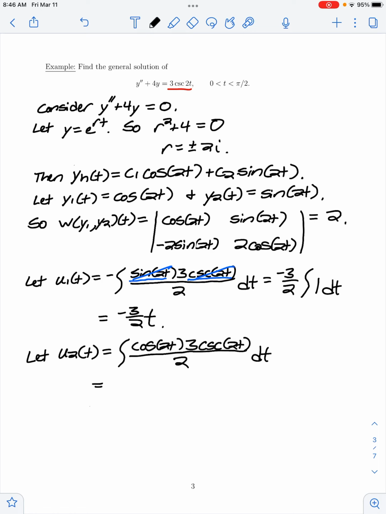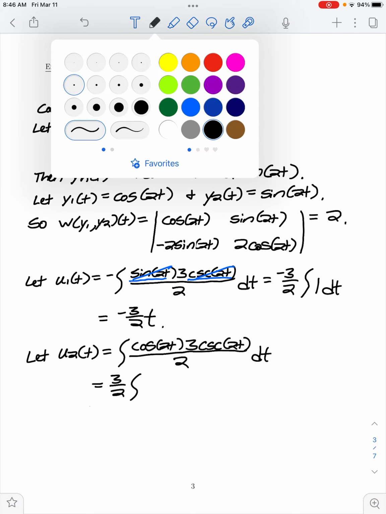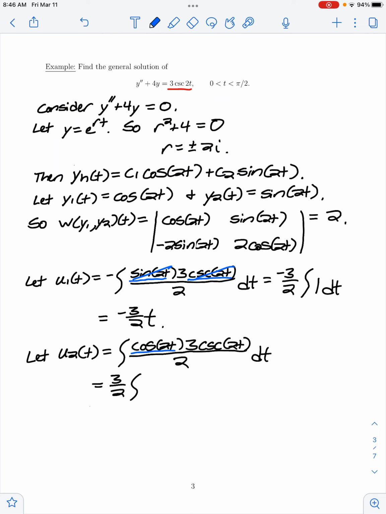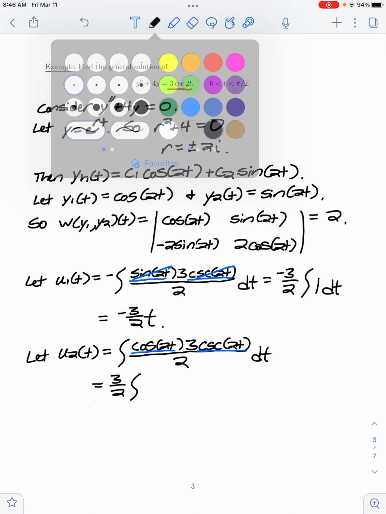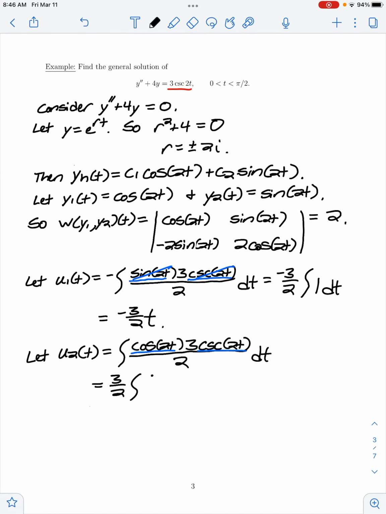So as before, I could factor out a constant of 3/2 in front of my integral, and I'm left with the product of cosine 2t and cosecant 2t. So rewriting the cosecant 2t term as 1 over sine, we are left with cosine of 2t divided by sine of 2t dt, which we can integrate by making use of a substitution.